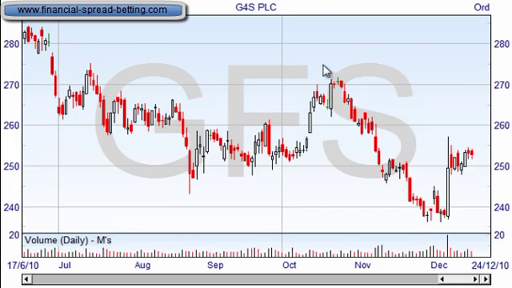For instance, here we have G4S, where we have the beginning of some lower lows within the trend, basically confirming a very short-term bearish trend there with a lot of lower lows.